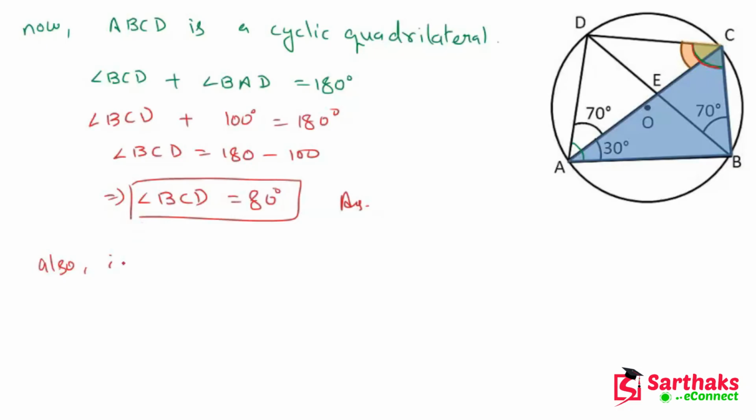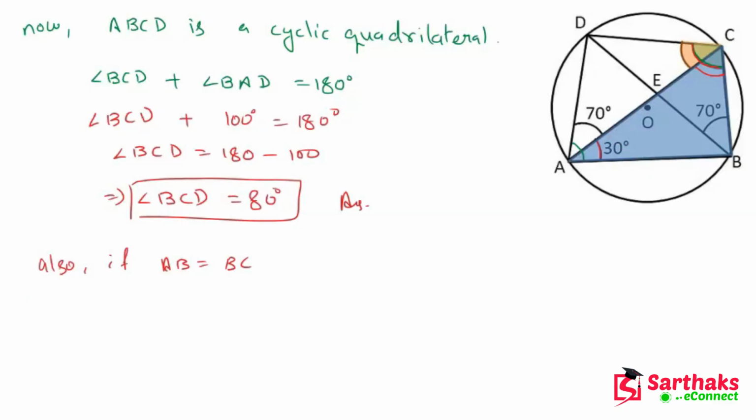Also, if AB is equal to BC, then in triangle ABC, AB is equal to BC, this is given in the question. So angle BCA is equal to angle BAC, because angles opposite to equal sides are equal.